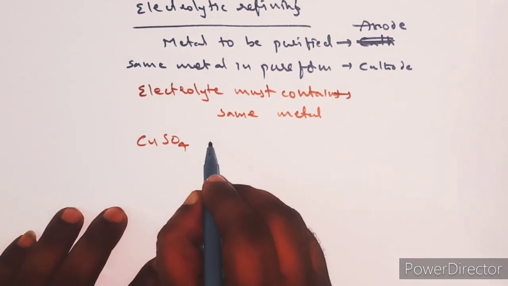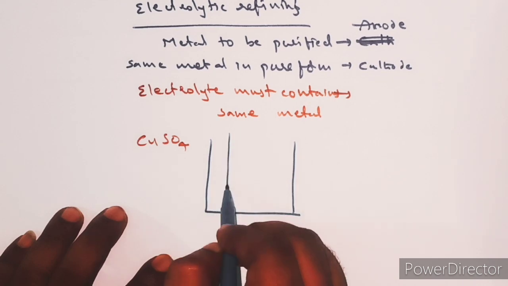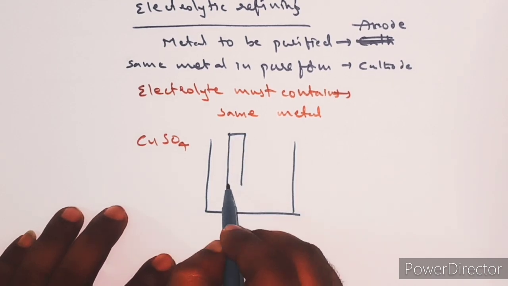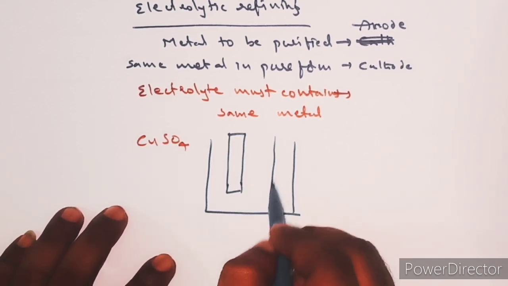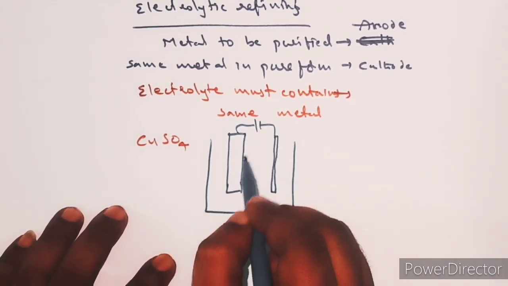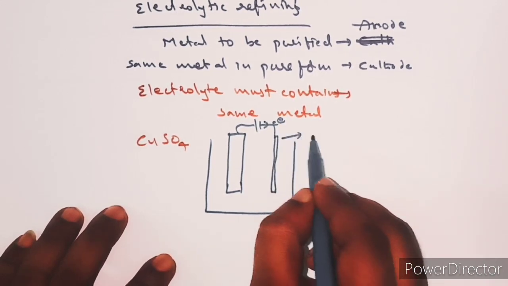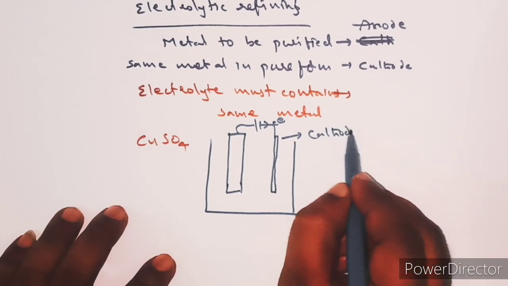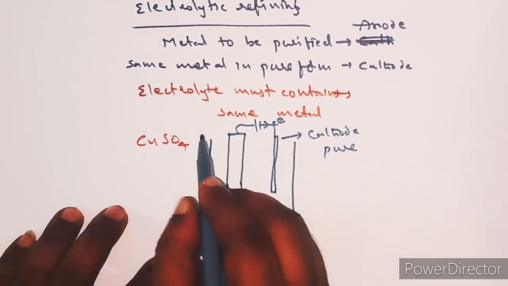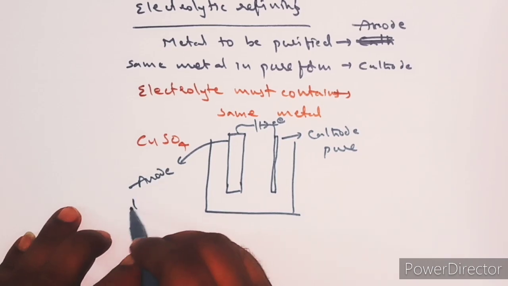In the generalization, consider this is an electrolytic cell and we are taking one anode electrode here and a thin plate of the cathode electrode, and connect them to the battery, where electrons will migrate towards the cathode. This cathode electrode must be in pure form, and this anode electrode is to be purified.